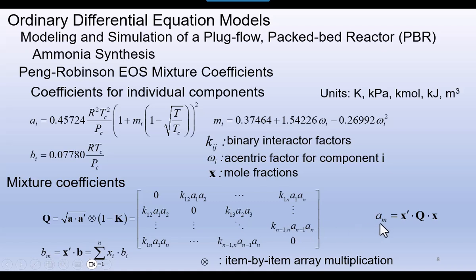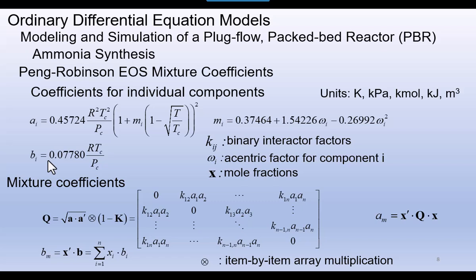And then we can get the a mixture coefficients using a quadratic product here with our mole fractions, and then the b coefficients using the mole fractions, all right, times the individual coefficients from up here. So that's a way that we can come up with what we need for the mixture coefficients.